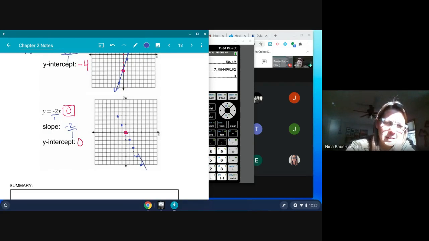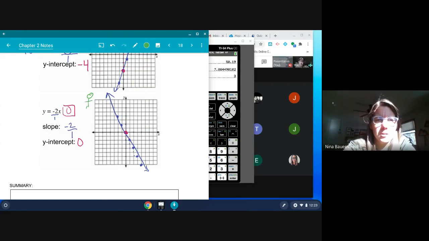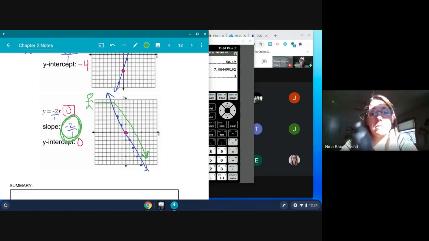So when we connect this, if we draw a little person on the left side of the graph, you know, like you read left to right, and they hit this line, they're going to fall down. Do you guys agree? The slope is negative, so they should go down.